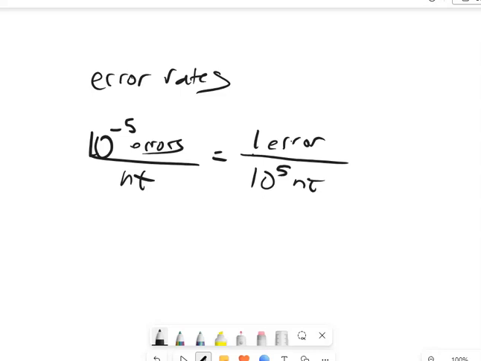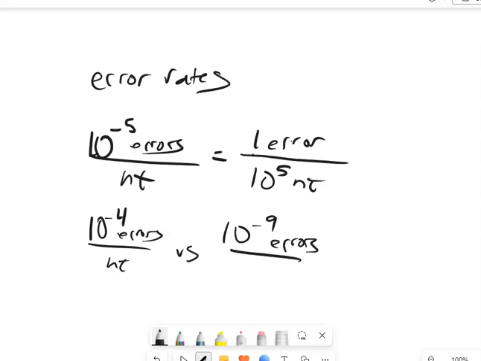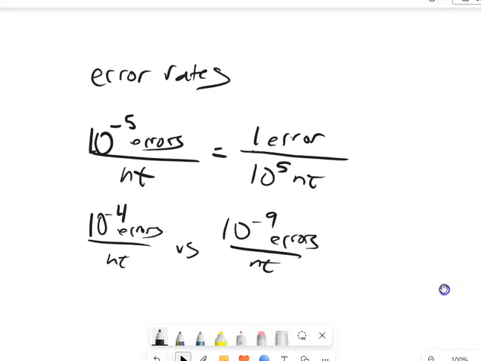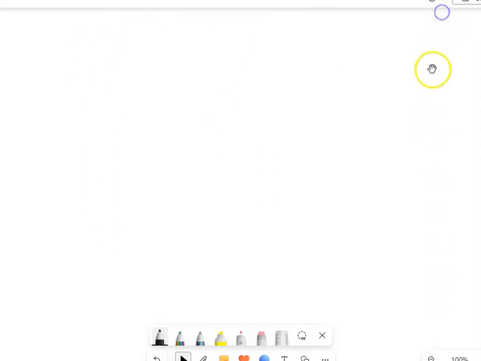So that's 1 in 100,000. And so I want you to be able to compare a number like 10 to the minus 4 errors per nucleotide versus 10 to the minus 9 errors per nucleotide. Which of these leads to more errors and more mutations? That's something you need to be able to figure out.